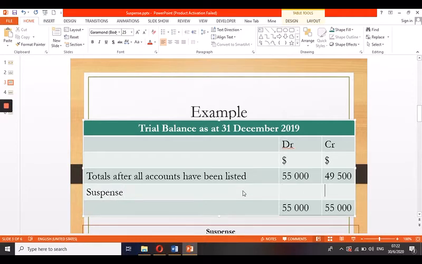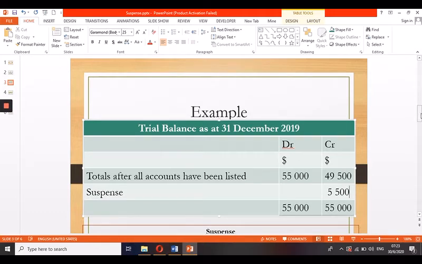So on the credit side, where there is the shortfall, you then enter an amount that results in the total being 55,000. So we subtract 55,000 minus 49,500. What is this? It will be 5,500, $5,500 like this. So we created a suspense account in the trial balance to make the trial balance totals agree.